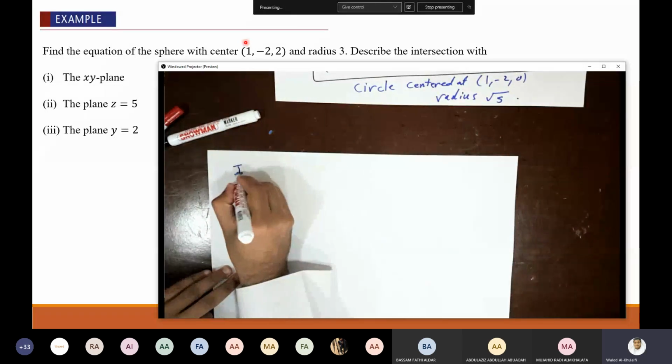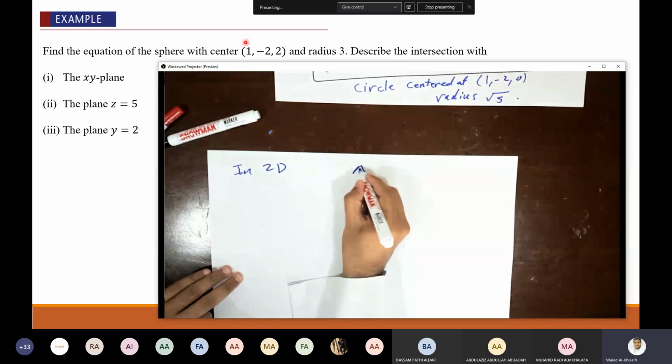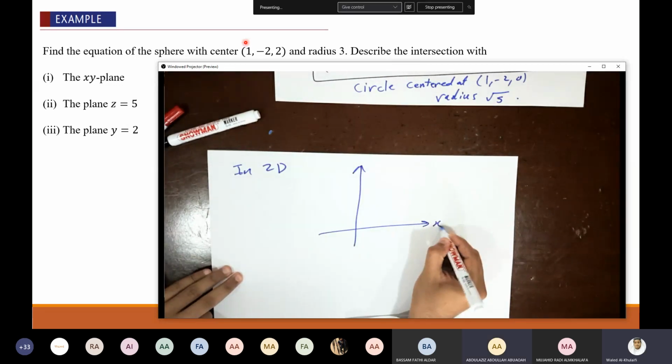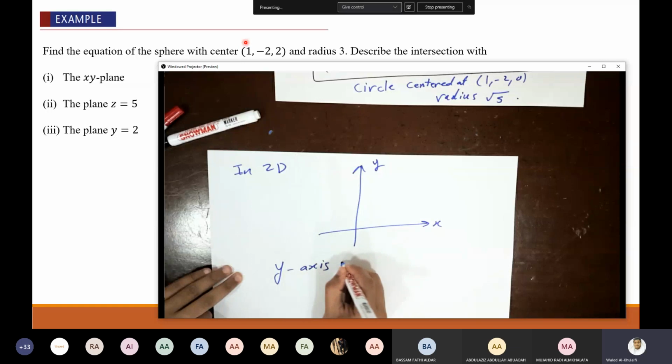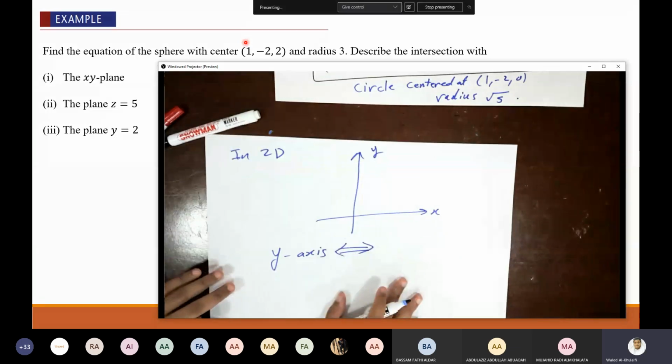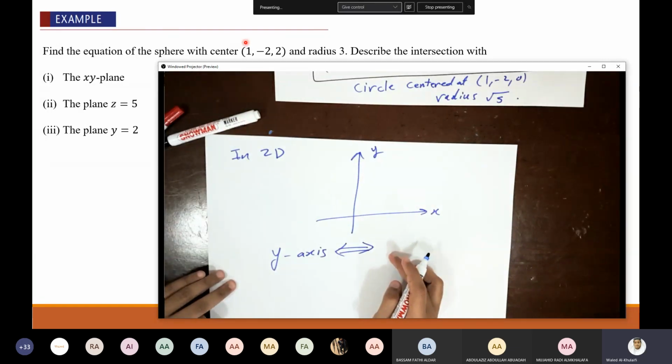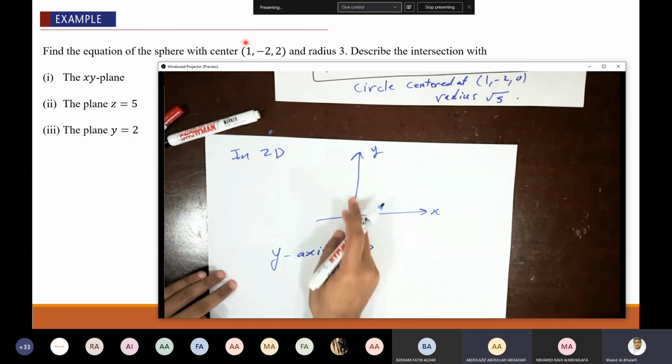In 2D, two-dimensional space, what is the y-axis? How do you represent the y-axis as an equation? Not y equals something. X equals 0.